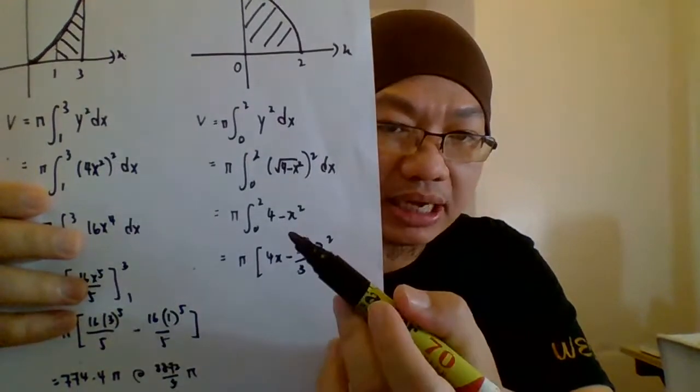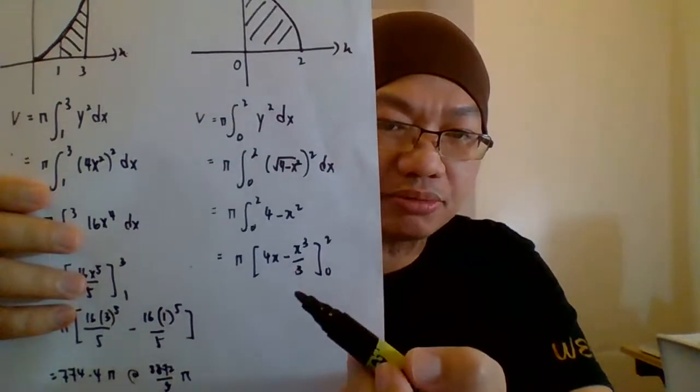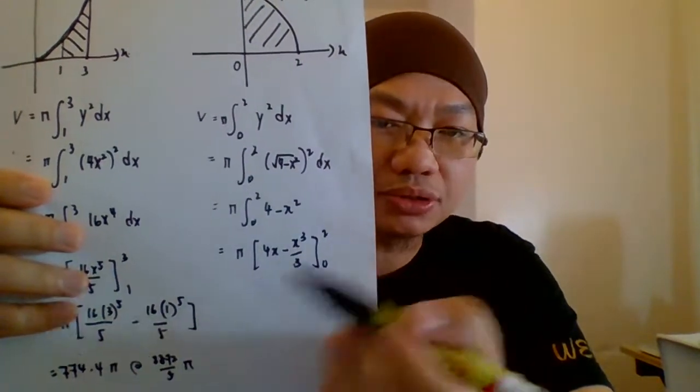For x squared, we integrate to x cubed over 3, and then the limit 0 to 2, substitute inside, then tell me the answer, guys. Okay, bagi jawapan. So 4 times 2 minus 2 cubed over 3, minus 4 times 0 minus 0 cubed over 3.